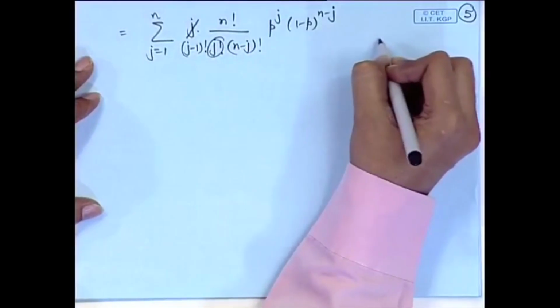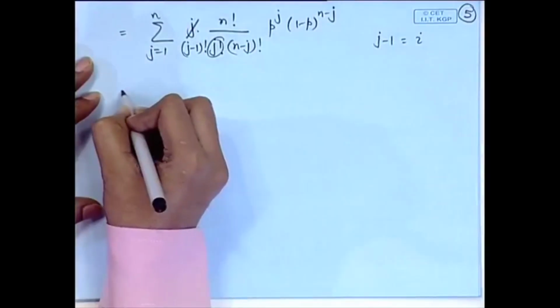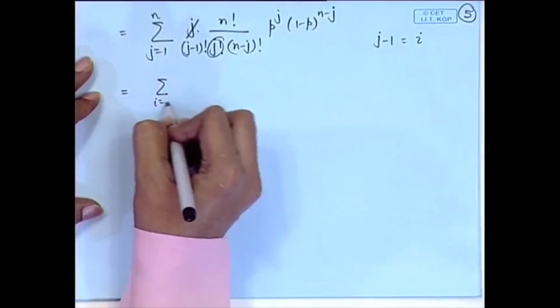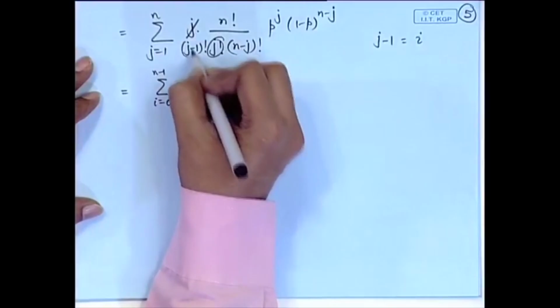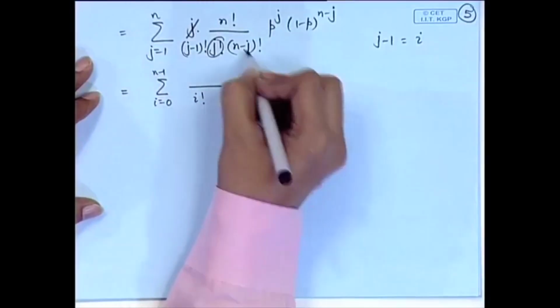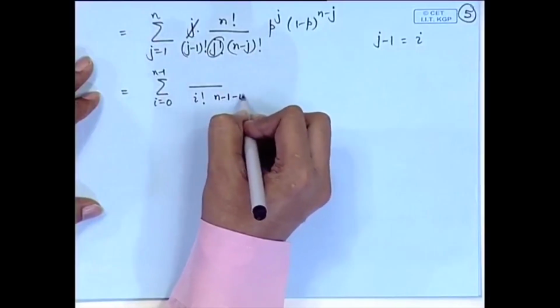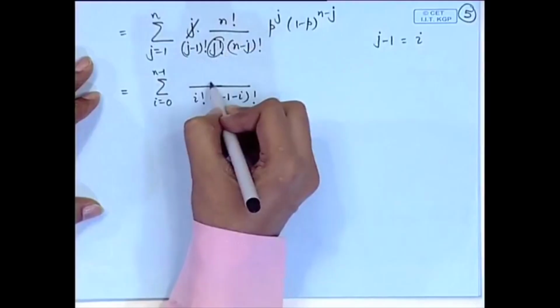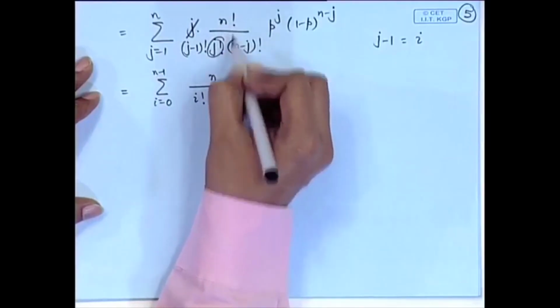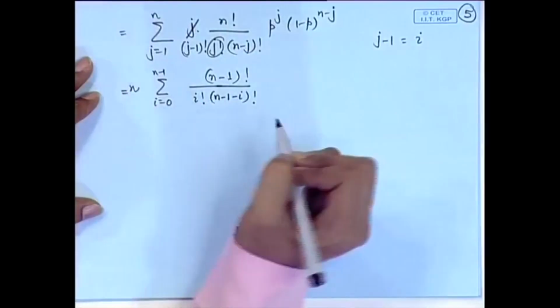Then this suggests that we can replace j minus 1 as equal to, say, i, and then this becomes sigma i equal to 0 to n minus 1. Now, if we are putting this term as i, then we have to adjust. We can write it as (n minus 1 minus i) factorial, and therefore, in the numerator in place of n factorial we can consider (n minus 1) factorial, and n can be kept out.